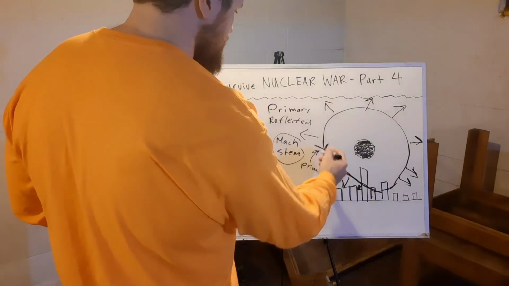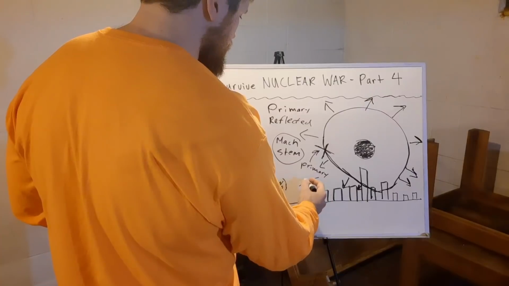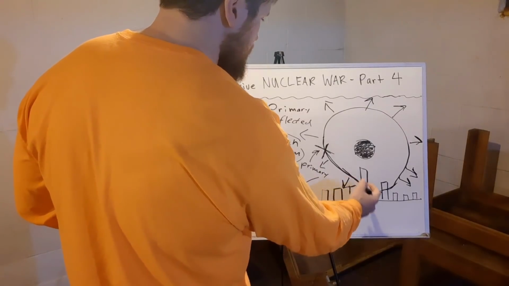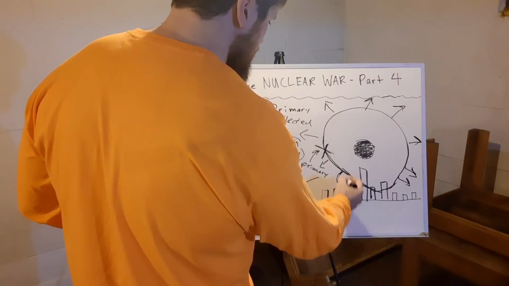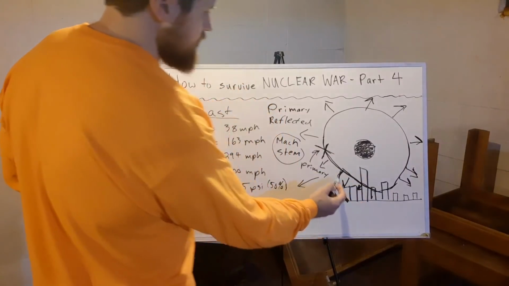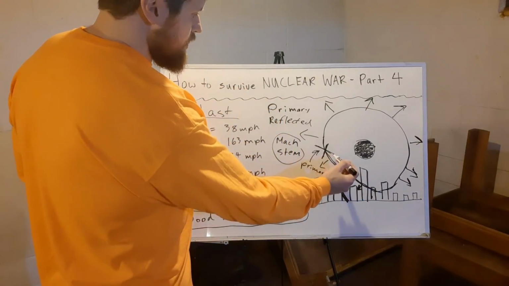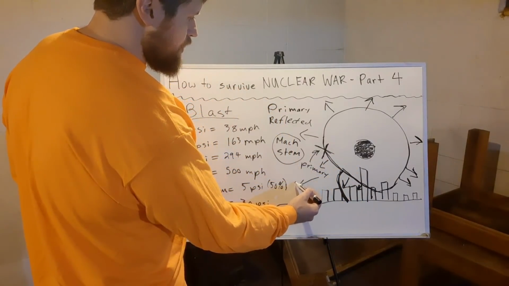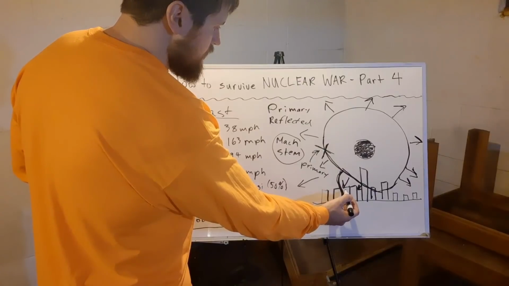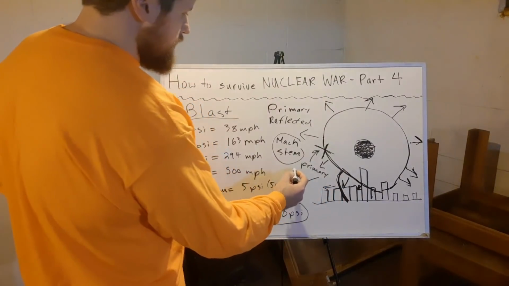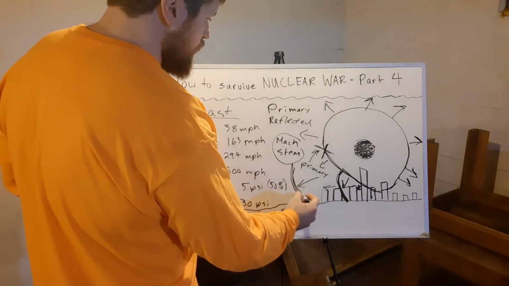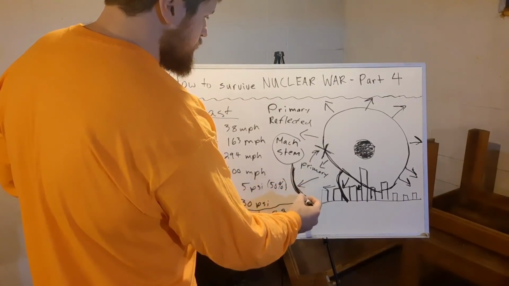So you're going to have this primary wave coming through, and then the reflected wave, which will be a new blast wave, which I'll show right here. This is the reflected wave. The primary wave comes through, and right behind it you have the reflected wave, and then they combine together into one massive blast wave, and that's the Mach stem.